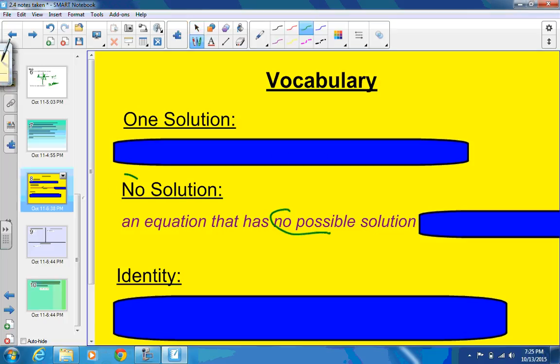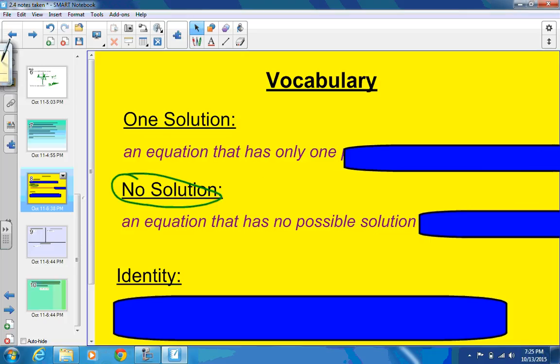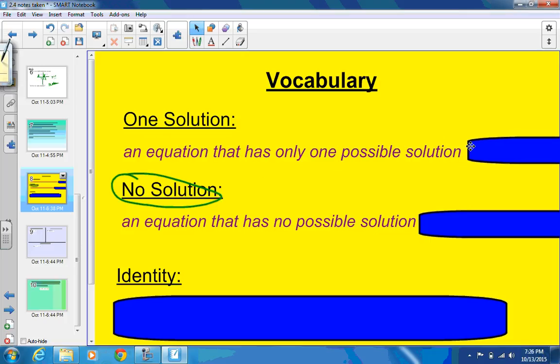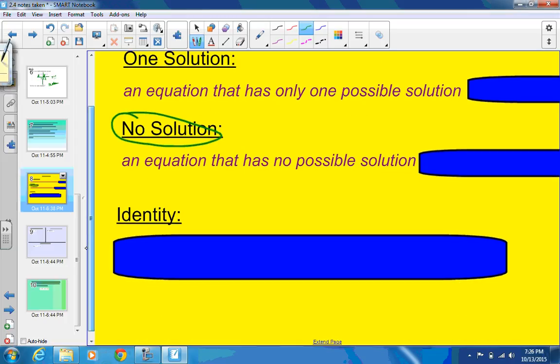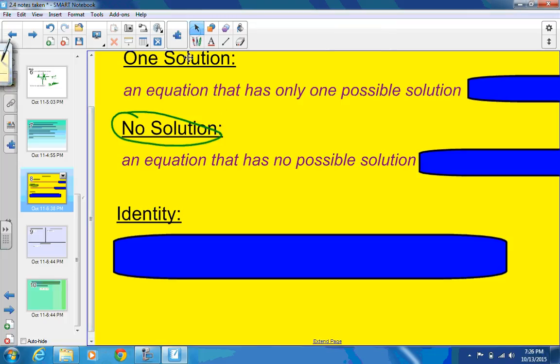Now, the one that we've been dealing with most often is when there's one solution. So an equation that has only one possible solution. That's what we've been dealing with so far, and we've been coming up with just an answer for x. So when we have x equals 4, that's what we solve for, and it works out, then that would be one solution.